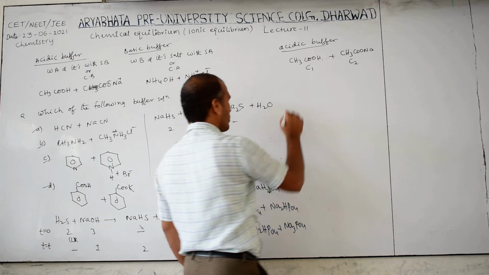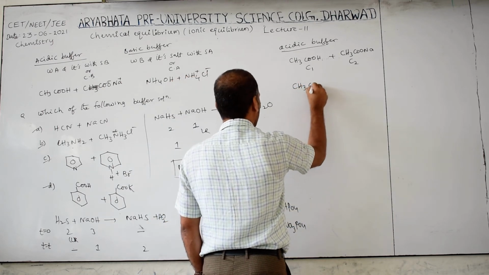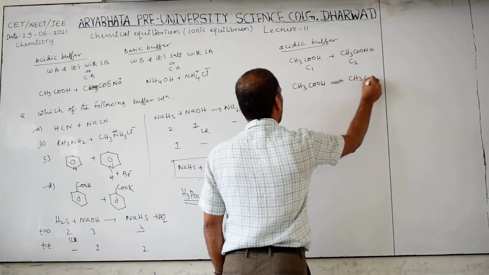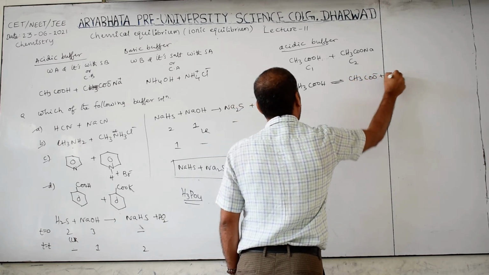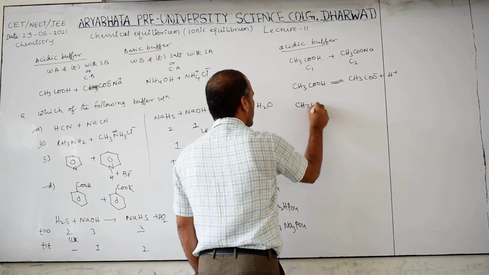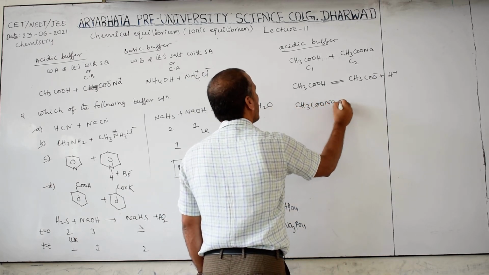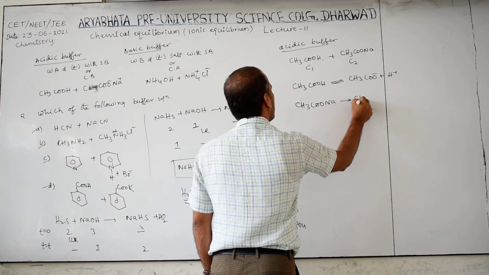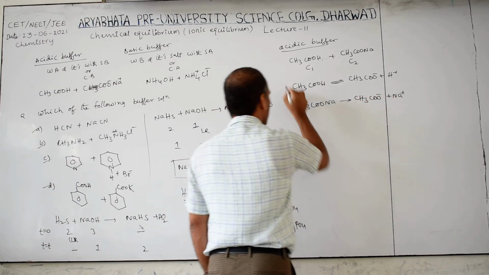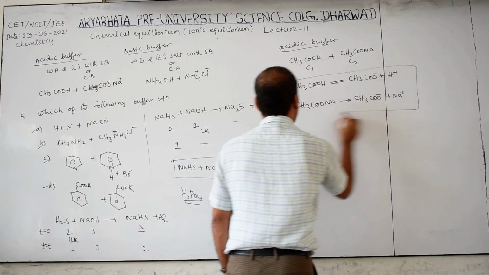First, CH3COOH is incompletely ionized into CH3COO minus plus H plus. Then CH3COONa is ionized into CH3COO minus plus Na plus. This is present in one reaction vessel.